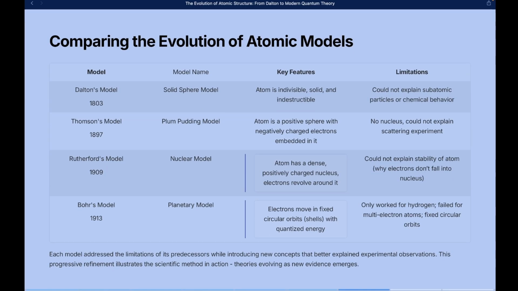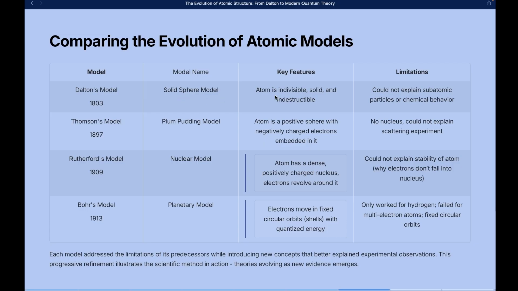Now, let's compare the different atomic models proposed by scientists over time and understand their limitations. This will help us see how each model contributed to the development of modern atomic theory. So first, we have learned the Dalton atomic model, which is also called the solid sphere model.